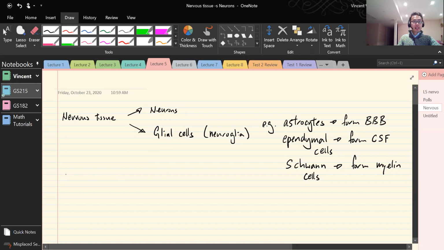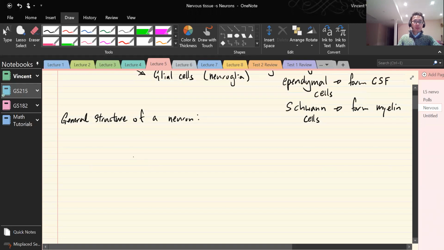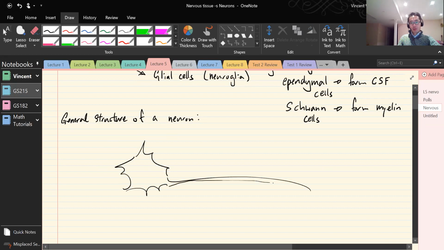Okay, so let's talk about the general structure of a neuron. I've talked about this already in the recordings, but it's a good idea to just refresh your memory. There's going to be a cell body, and there's going to be a really long thing that's coming out.